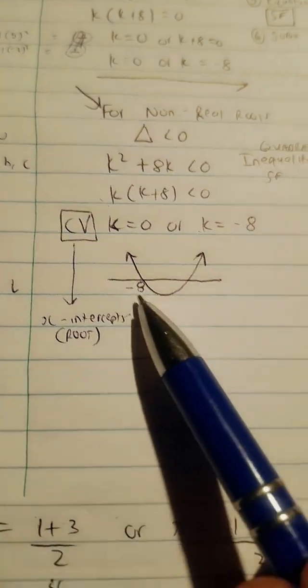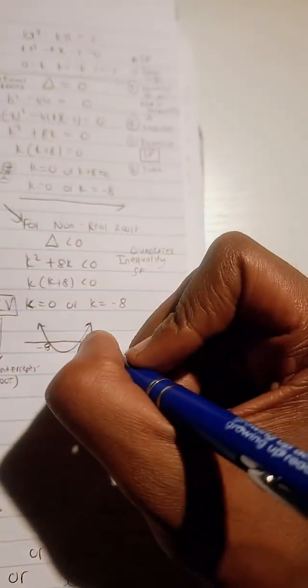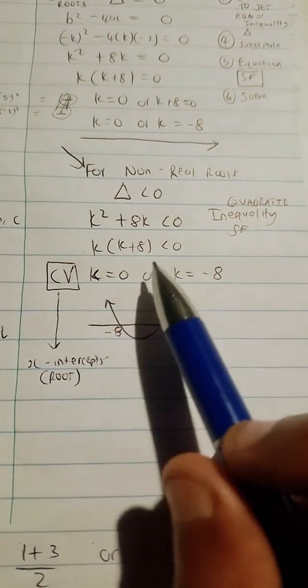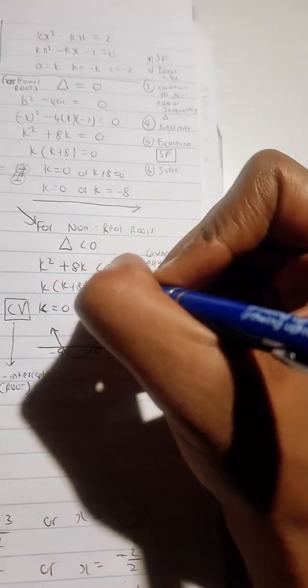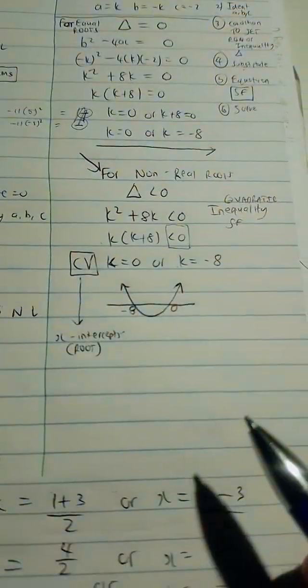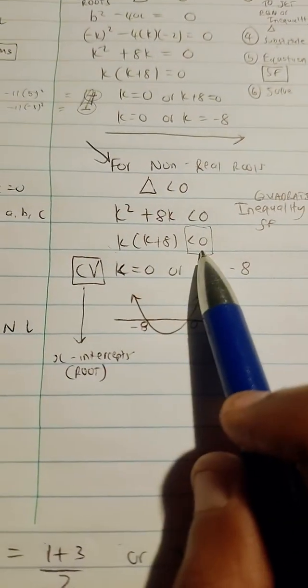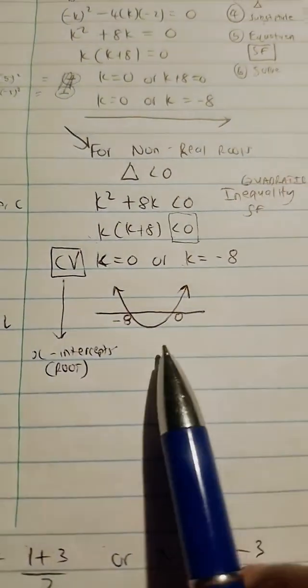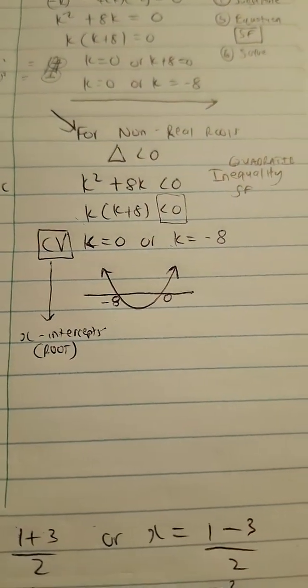Those are our critical values, so that we can use our graph with the critical values represented to then use the stipulated condition to identify the answer.